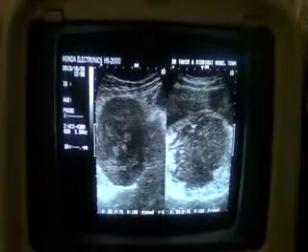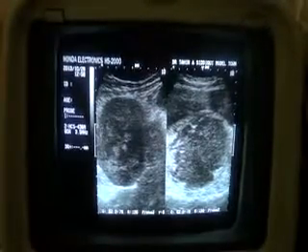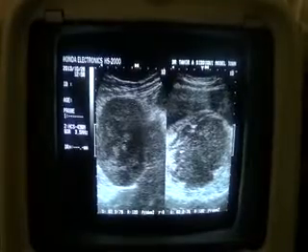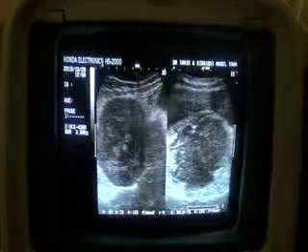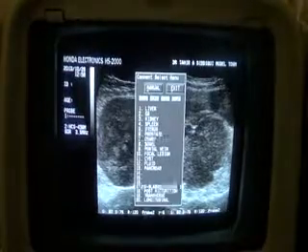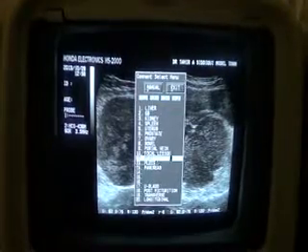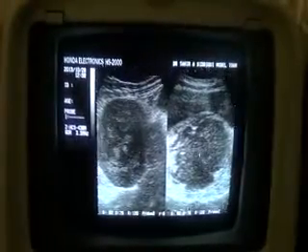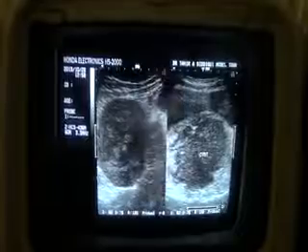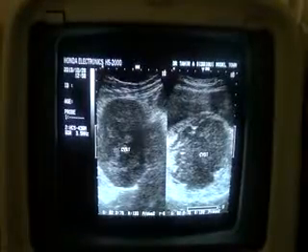Now why they are cystic is that you see posterior wall acoustic enhancement on both sides. Secondly, it does not change its shape when I move the probe. This is the cyst on the left side, and this is the cyst on the right adnexal.